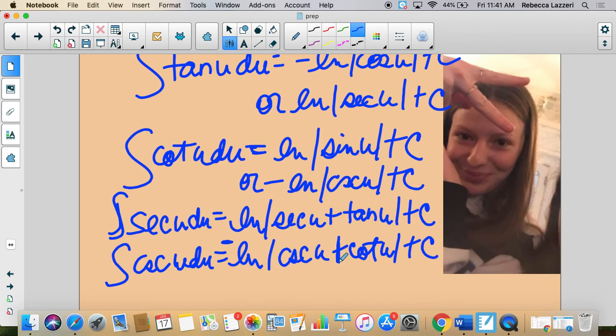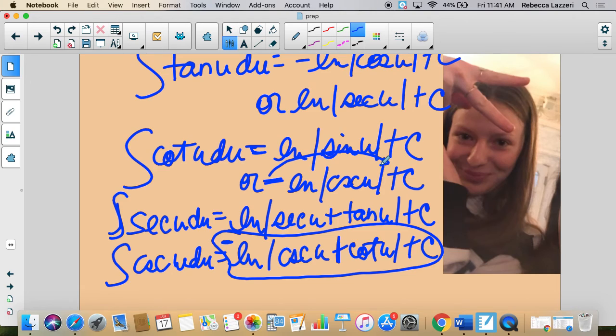So it's right here, negative. And you'll have a few problems that make you apply these patterns. So these are the same as something I've showed you before. This is a -1, and if you move it up here, it becomes cosecant to the -1, which is the same thing as sine.